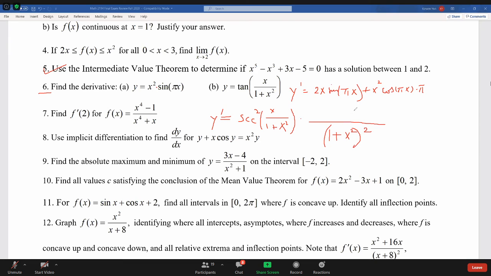The derivative is what? F prime g minus f g prime over g squared, right? So what's f prime here? 1, right? So f prime g is 1 times 1 plus x squared.